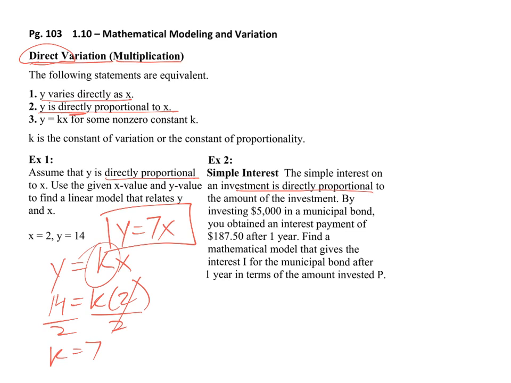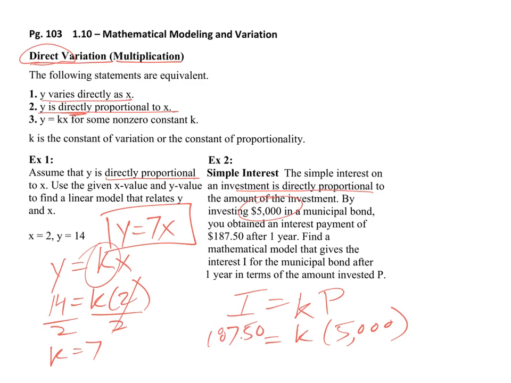So here I'm investing, and the interest that I earn is directly proportional to the amount of the investment. The amount of the investment is P. This is known as your principal. So how much did I invest? $5,000. And for I, I have $187.50. That's how much interest I earned.